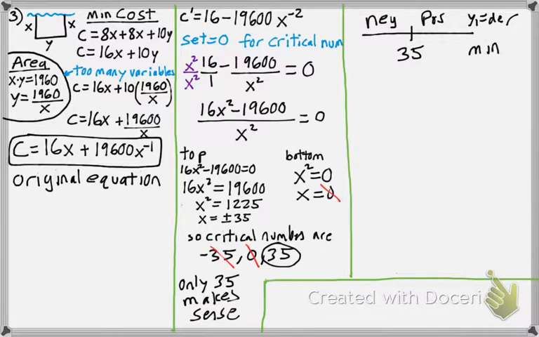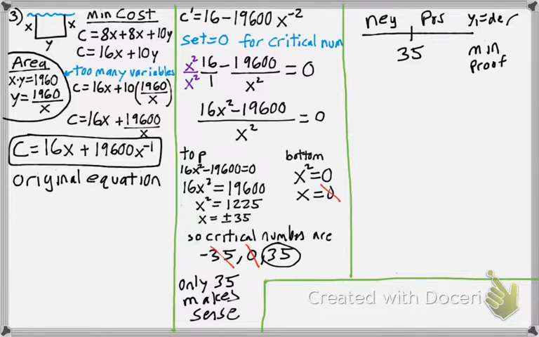So this is the min proof. Without this proof, we don't know if this critical number is a maximum or a minimum, or if it doesn't change signs at this point. You do need to put this.